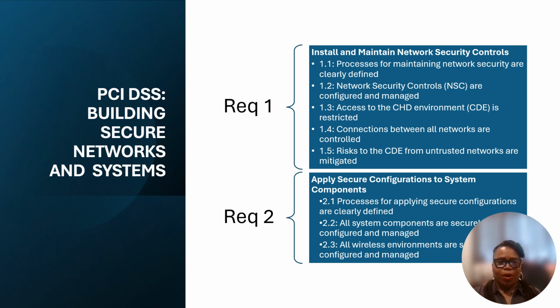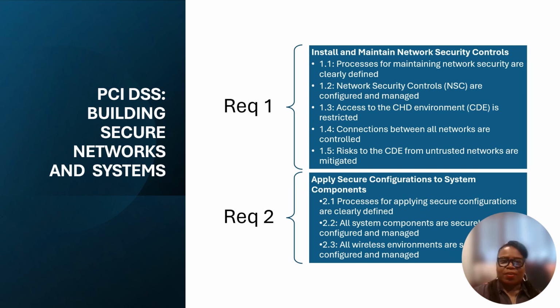So if we look at requirement 1, the focus is on processes that are in place that help to maintain network security. These processes are clearly defined and communicated to the right stakeholders. These controls are configured and managed over time, and they help restrict access to the cardholder data environment.